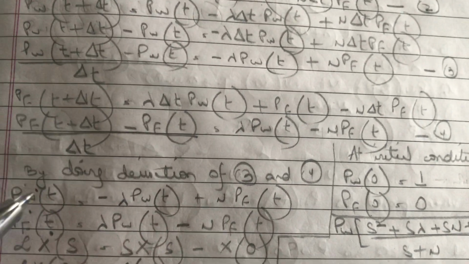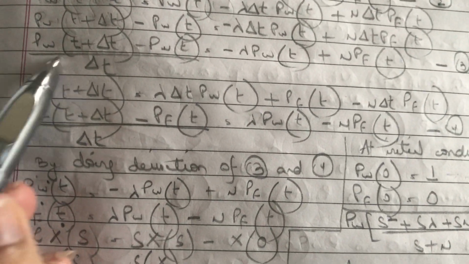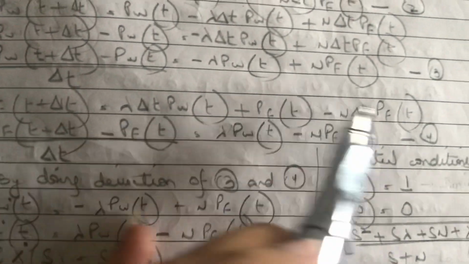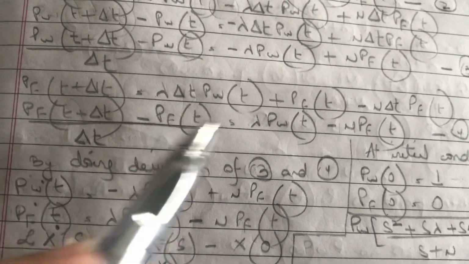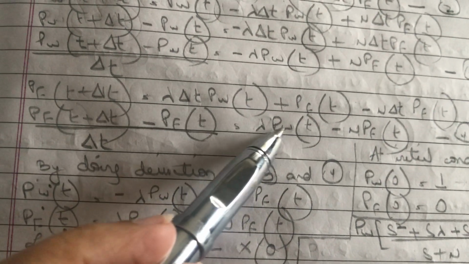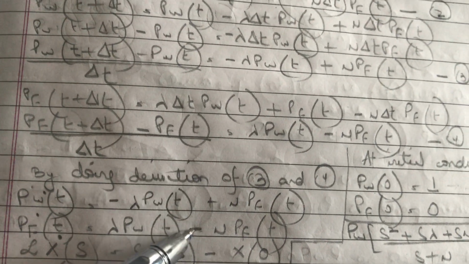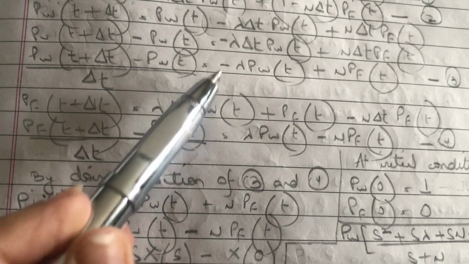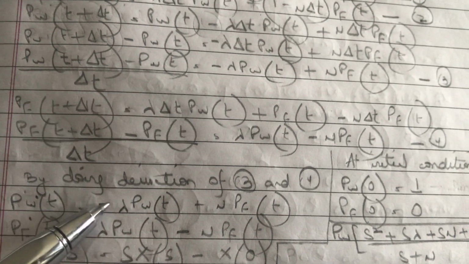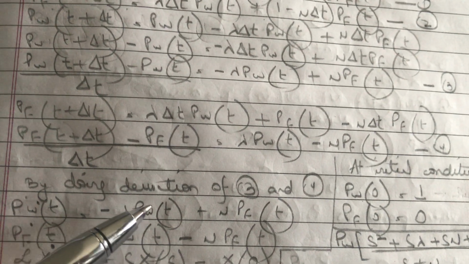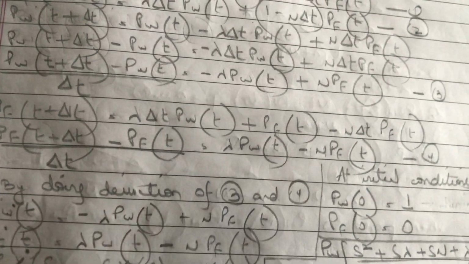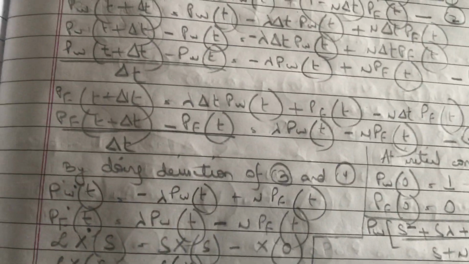We do pw dot t for this equation and pf dot t for this equation. So what it brings out equals to lambda pw of t minus mu pf of t, and the above one was, you can see, minus lambda pw of t plus mu pf of t. So these are both the equations that we got.